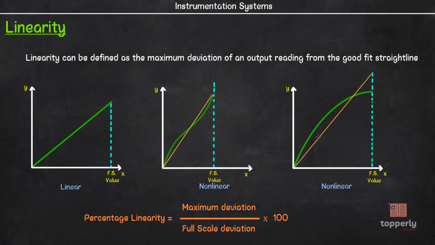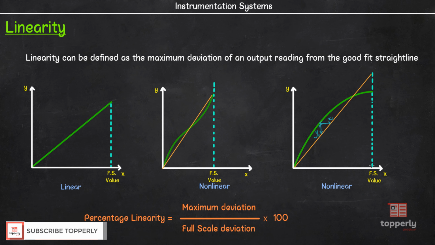For example, in this graph, the maximum deviation occurs almost around here, right? So, this is the maximum deviation in input, and let us write it as x1. And this is the maximum deviation in output from the good fit straight line, and let this be y1.